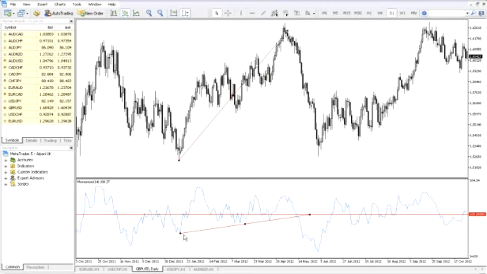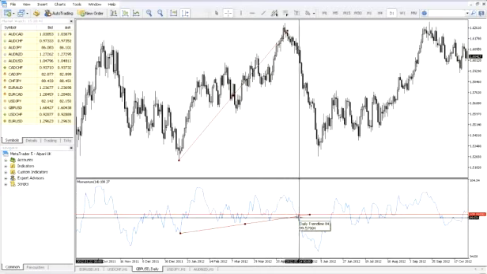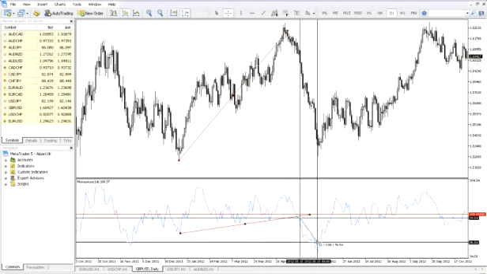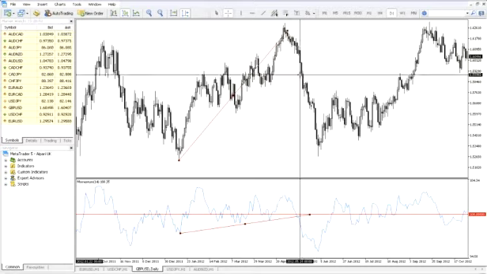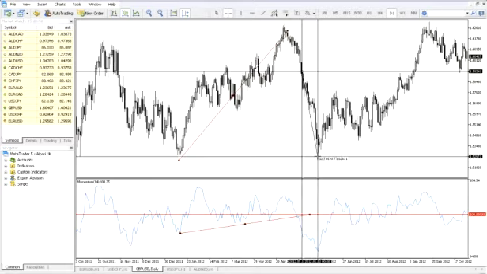Now we're also going to connect all the swings using the momentum indicator that are part of that uptrend, and as soon as that trend in the momentum indicator is broken, you can see, obviously the momentum indicator went down, but you can see that from that point the trend went south.